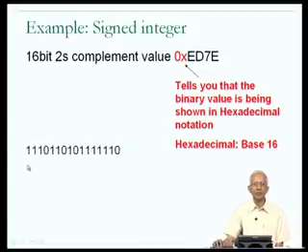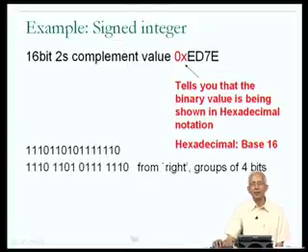So let's consider this 16-bit binary sequence, 1, 1, 0, etc. There are 16 bits here. If this was an unsigned binary value, I would say this bit, the one on the extreme right side, has a value of 1, the next a value of 2, a value of 4, and so on.